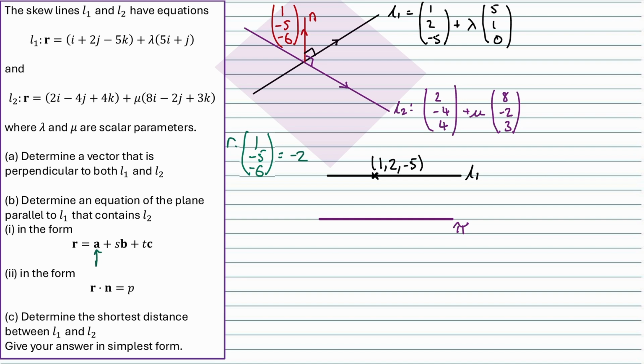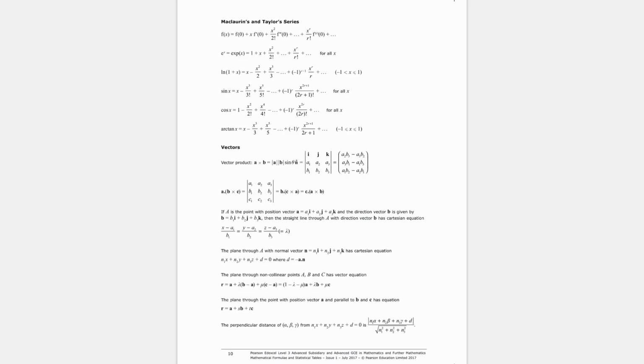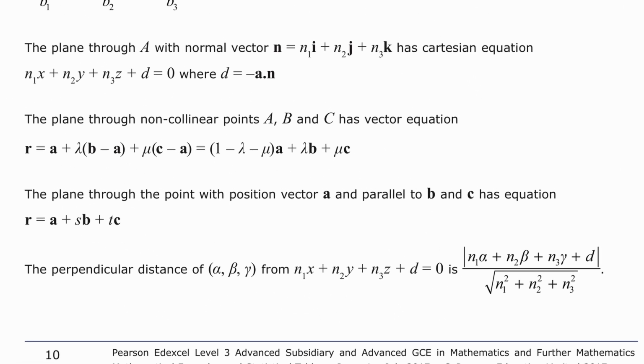Now what we need is the shortest distance, the perpendicular distance from L1 to pi. So I'll label that here, where these are both right angles. And now we can just use the standard formula given in the formula booklet because we've got a point and we've got a plane. In the Edexcel formula booklet, we're given the perpendicular distance from a point to a plane is this formula. So I'll copy and paste this into the notebook.